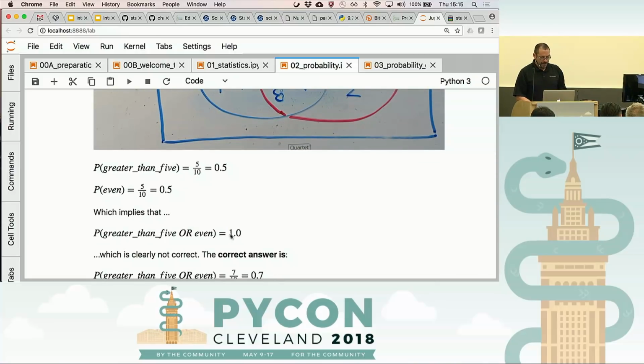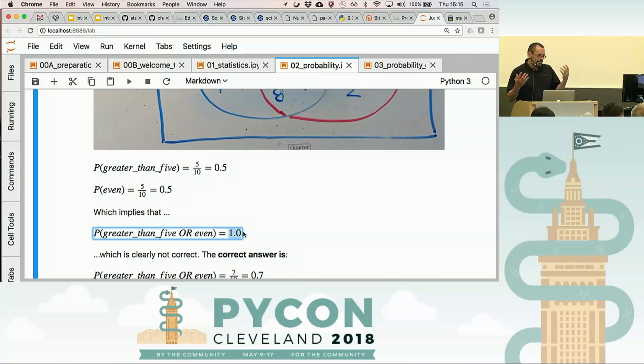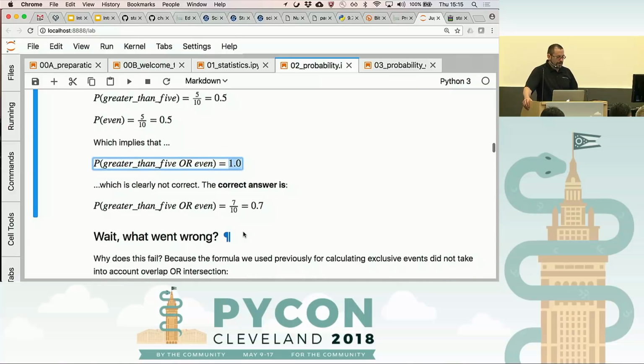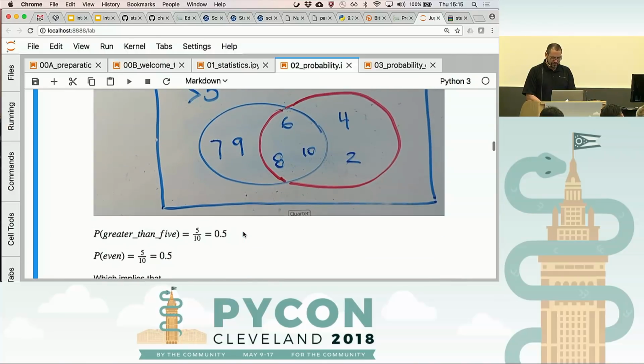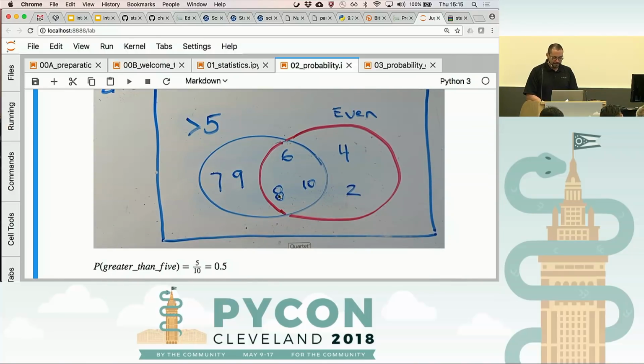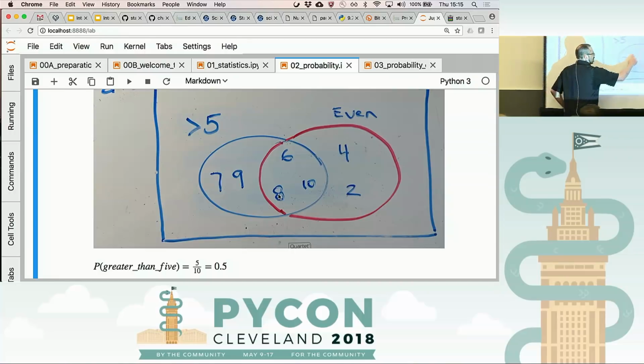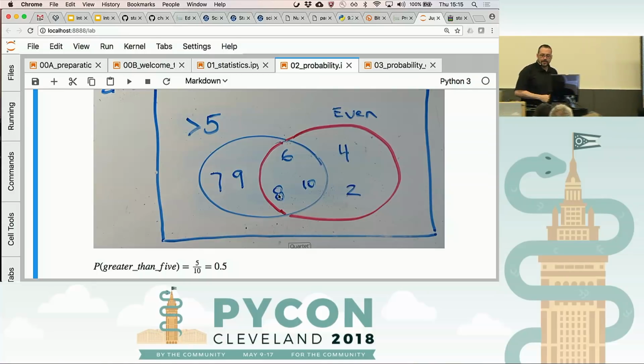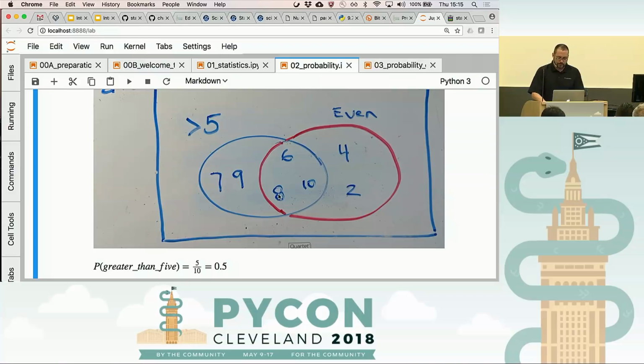It would say that I have a guaranteed probability of getting one of those two things, and we know that's not quite true. The correct answer of getting either greater than 5 or even is actually about 0.7. And I use the word about, and it's quite literally exact, right? I have 7 things in this conjoined event: 1, 2, 3, 4, 5, 6, 7. My total sample space is 10, so 7 divided by 10 is 0.7.